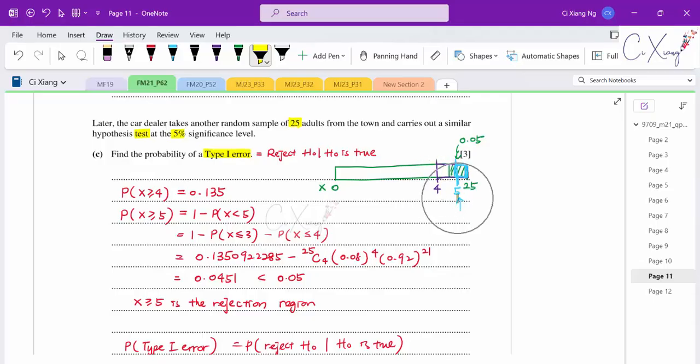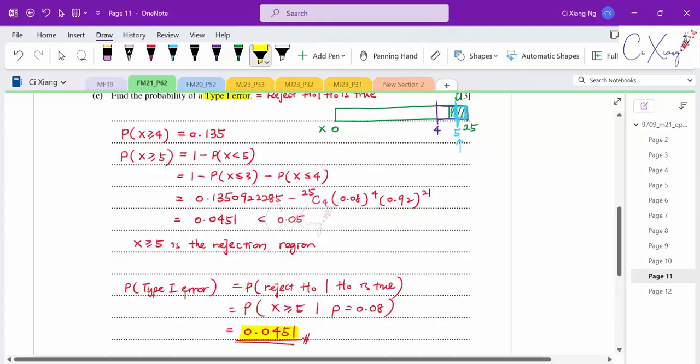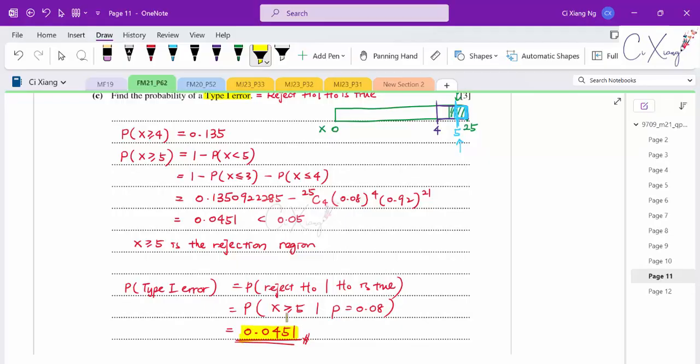It should be more than 4. So that's why I go with x greater equals to 5. And I realize that x greater equals to 5, the 5 falls under the rejection region already. So this is how we get the rejection region. And after that, the type 1 error is equal to the probability of x greater equals to 5, which is 0.0451.